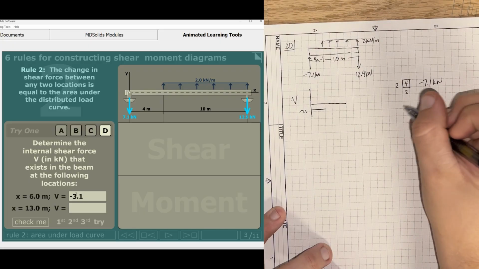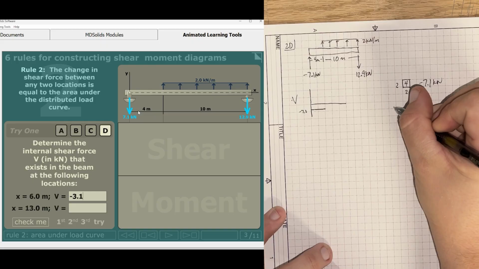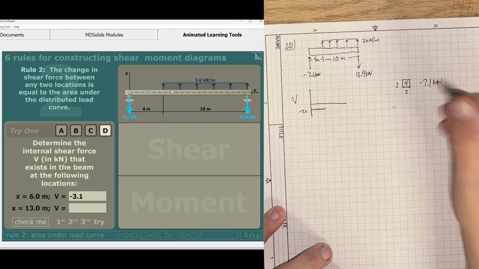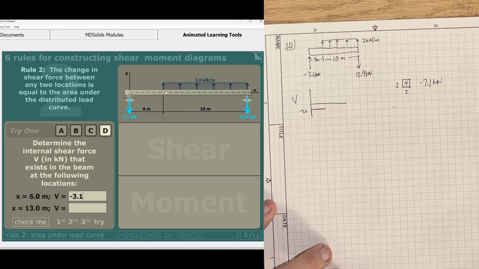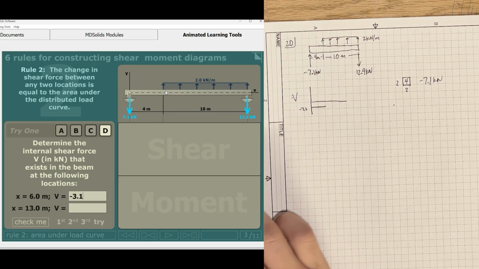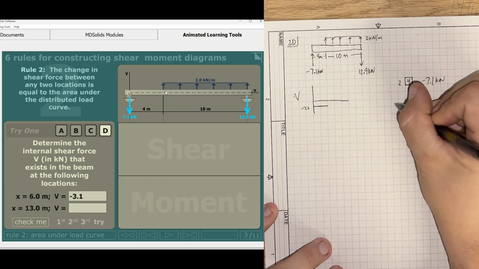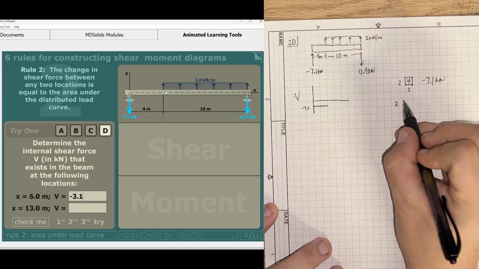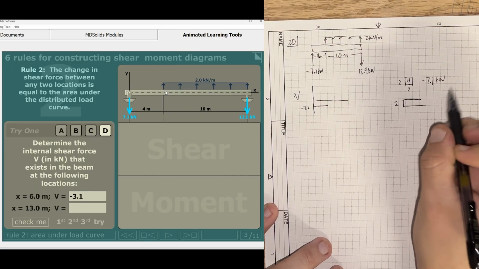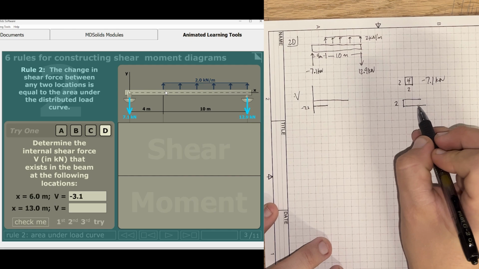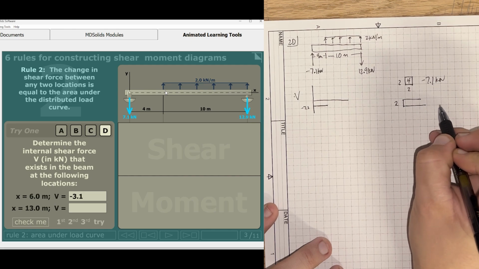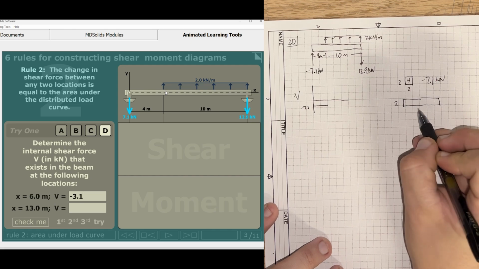Now we can also test this out whenever x is equal to 13. This is only acting 4 meters in, so take 13 minus 4, you get 9. So this is a rectangle, a 2 by 9. It's going to look something like that.